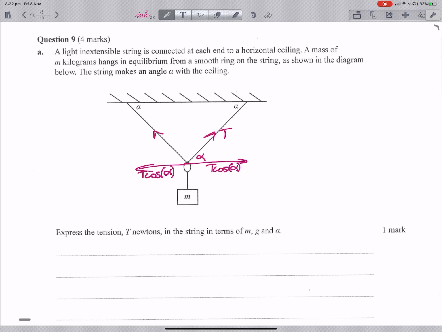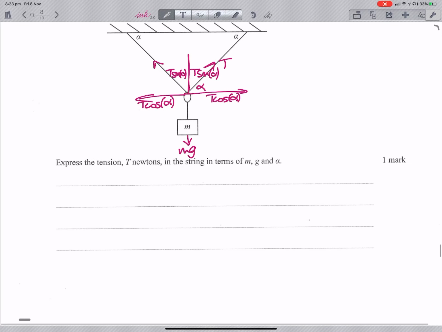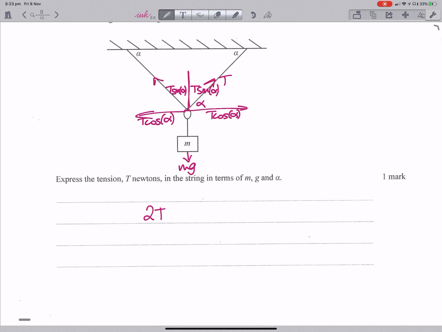And we know that this is mg. And we know we're going to have T sine alpha here, and then T sine alpha here. So we get 2T sine alpha. So 2T sine alpha is equal to mg. So therefore T is equal to mg on 2 sine alpha.